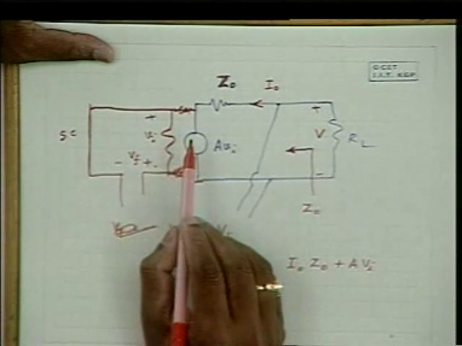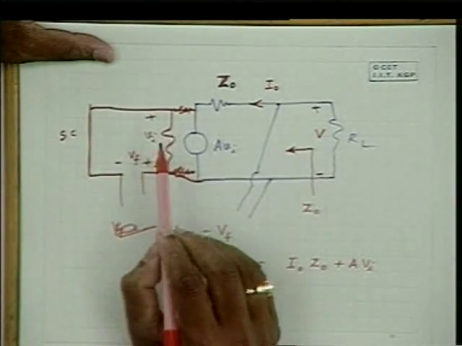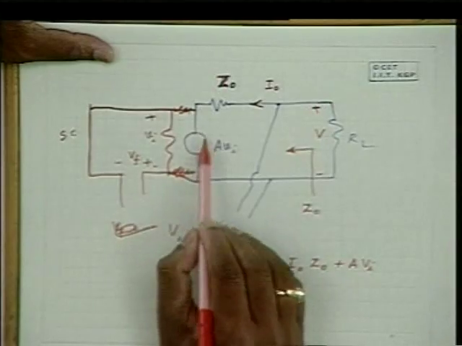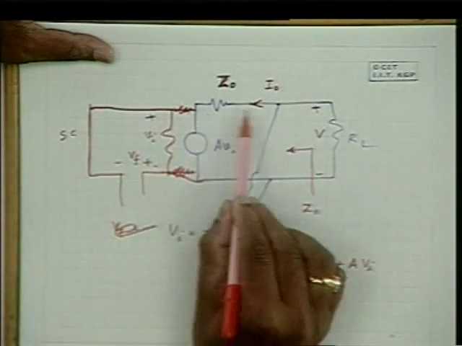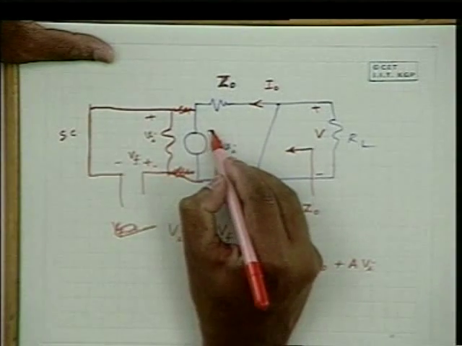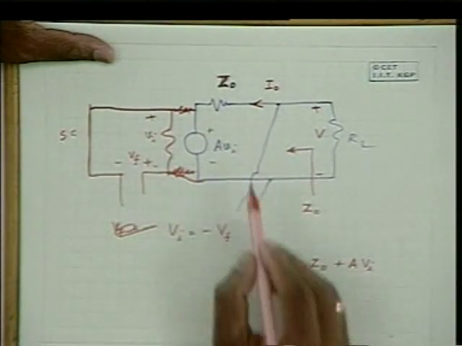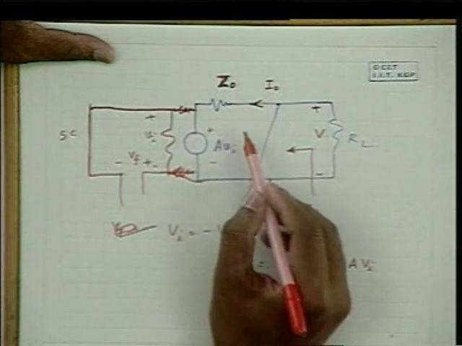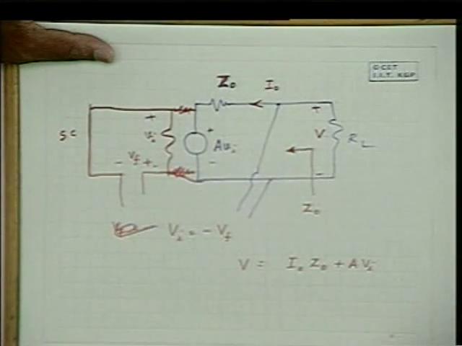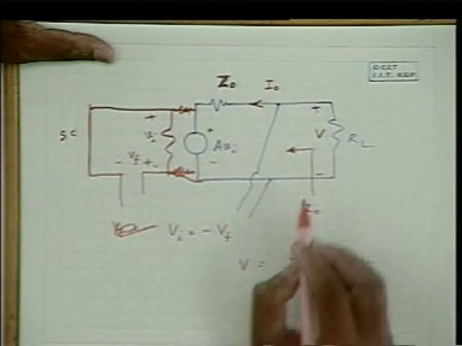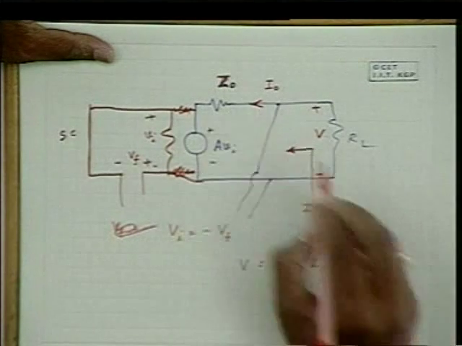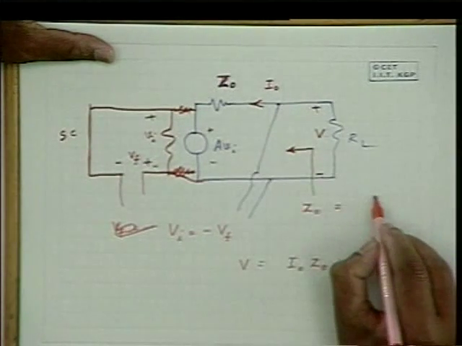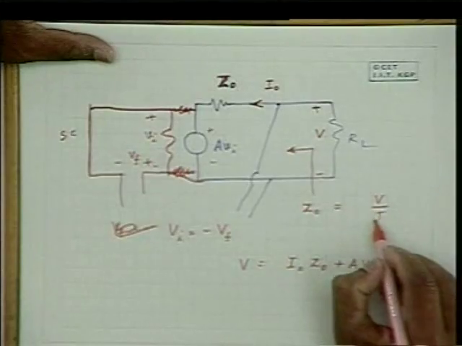If the voltage gain of the amplifier is A, then A times Vi is the output voltage, and if I apply Kirchhoff's voltage law here, V is equal to this voltage plus this voltage. So V is equal to I naught into Z naught plus A times Vi. Now, to determine Z naught, I have to find I naught for a given V and divide V by I naught.